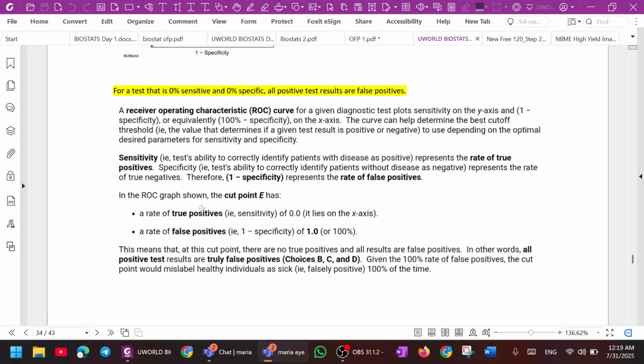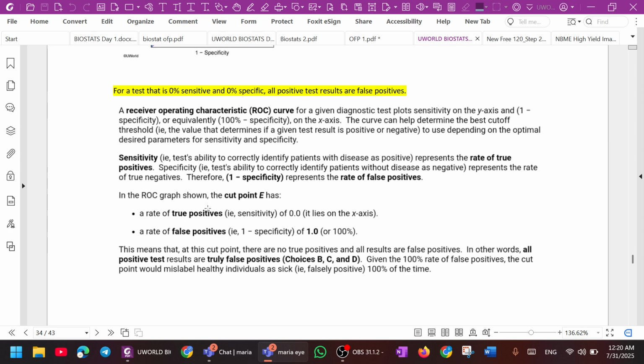In the ROC graph shown, the cut point E has the rate of true positive, sensitivity, of 0. It lies on the x-axis. The rate of false positive, 1 minus specificity, is 100%. This means that at the cut point there are no true positives.